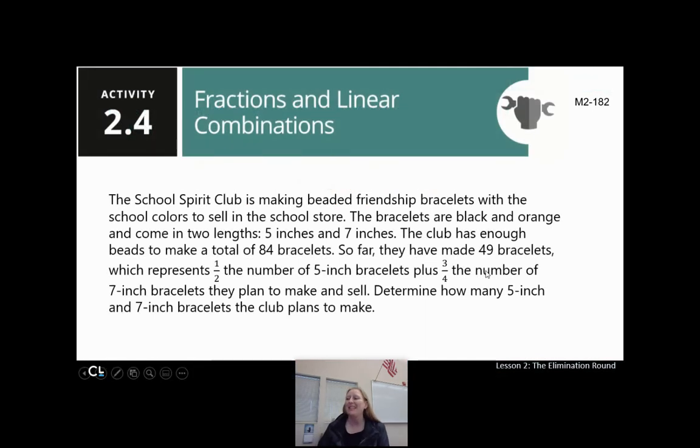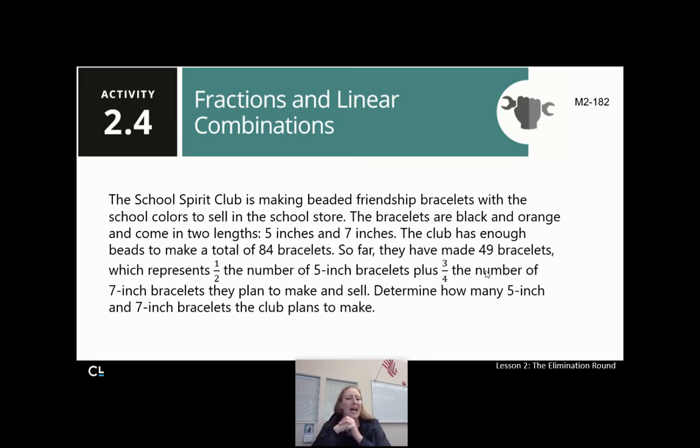So let's make it a little more interesting here. Activity 2.4. The school spirit club is making beaded friendship bracelets with the school colors to sell in the school store. The bracelets are black and orange, like a Halloween school, and come in 2 lengths, a 5-inch length and a 7-inch length.